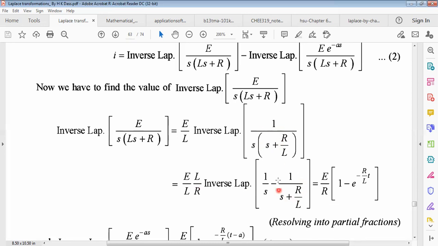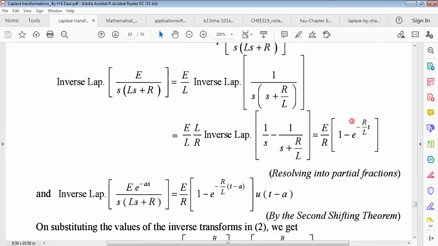Okay. So the inverse Laplace transformation of 1 by s is what? 1. Because the Laplace transformation of 1 is 1 by s. This is why the inverse Laplace transformation of 1 by s will be 1. And the inverse Laplace transformation of 1 by s plus a, where a means R by L, is the e to the power minus at formula. Okay.